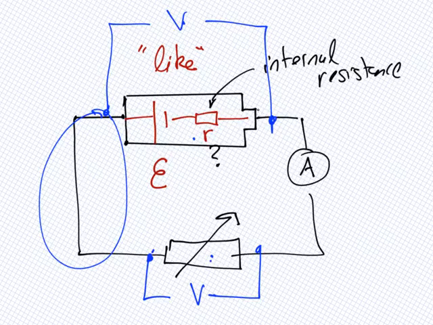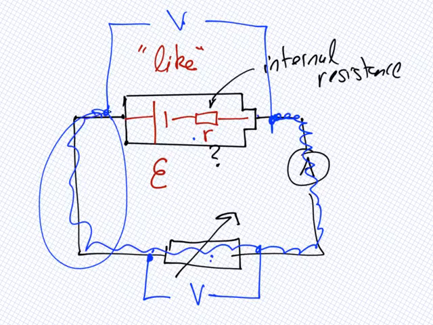But if you look at what's happening, the current leaves here, travels along here, through here, and back here. What you're looking at is the change in the voltage through the resistor. It doesn't matter if you clip the voltmeter on the top or at the bottom. Anyways, that's not really important to the diagram.